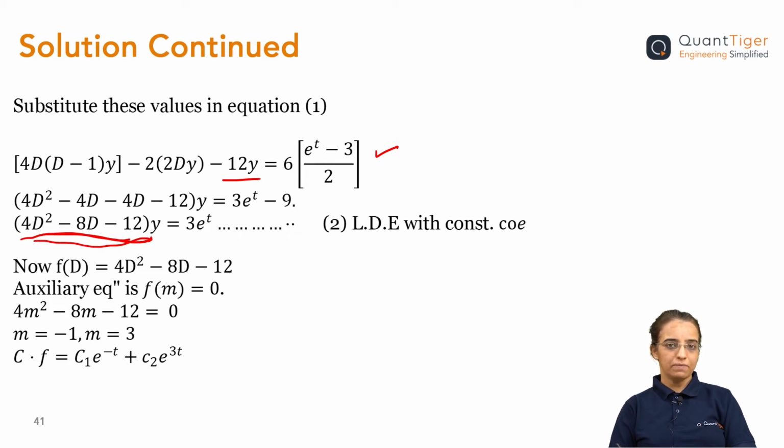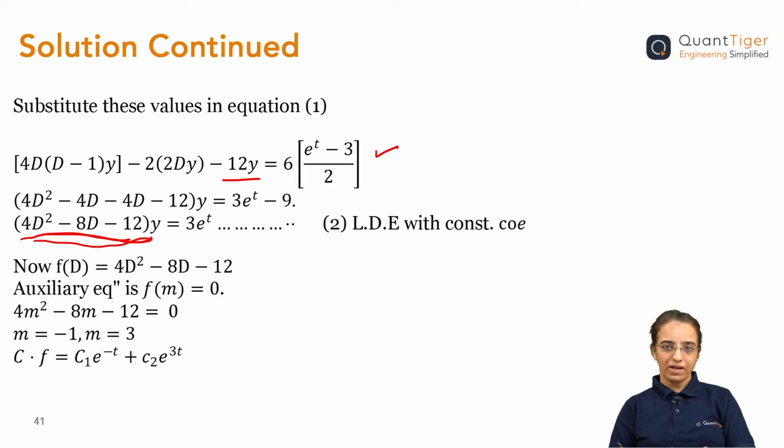So first we will find CF, complementary function निकालेंगे, उसके बाद हम उसका PI निकालेंगे and then we will put it in the equation y is equal to CF plus PI. That will give us the complete solution, or the general solution.